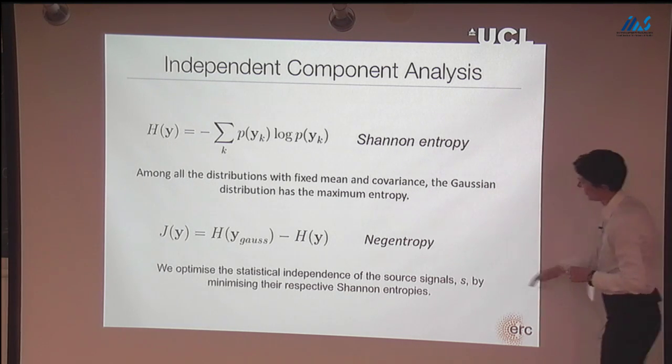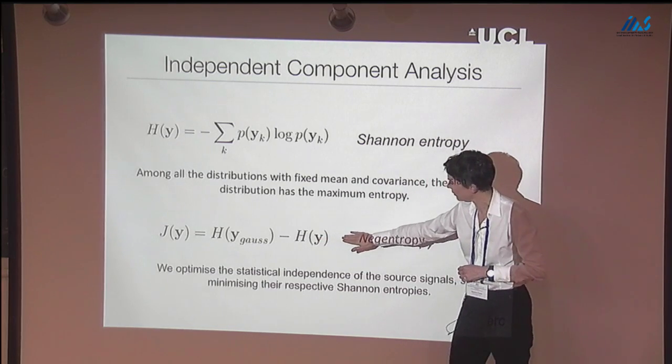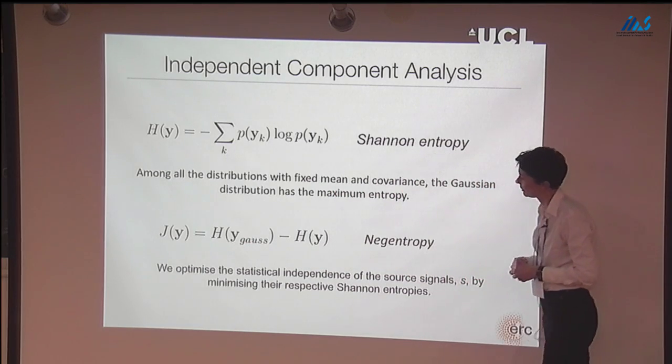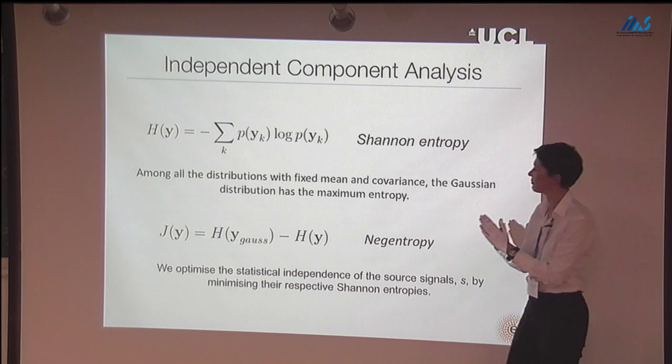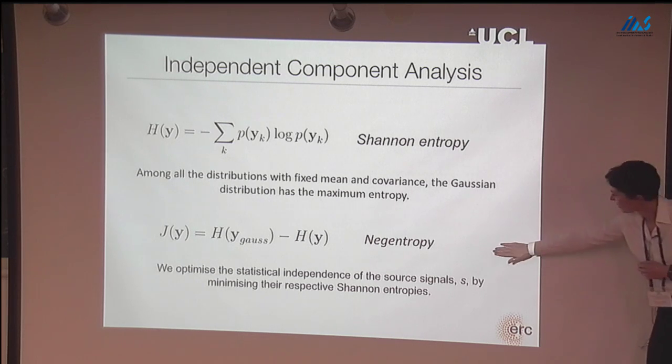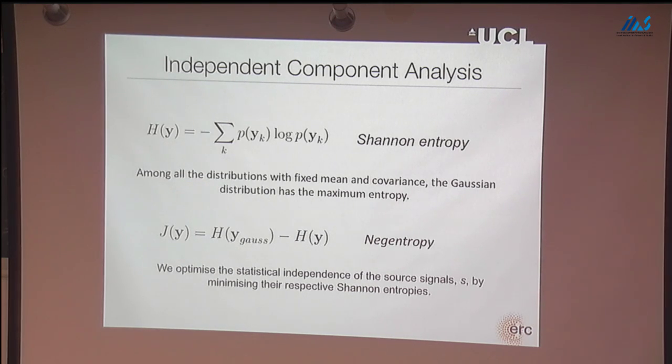Your signal is typically non-Gaussian, so if you compare it with a Gaussian signal with the same variance and the same mean, you can calculate the distance between the two Shannon entropies, which is called negentropy. You really want to maximize the non-Gaussianity of your components, because you want to keep each component with the maximum information content. By optimizing the negentropy, that's how you can divide the sources.